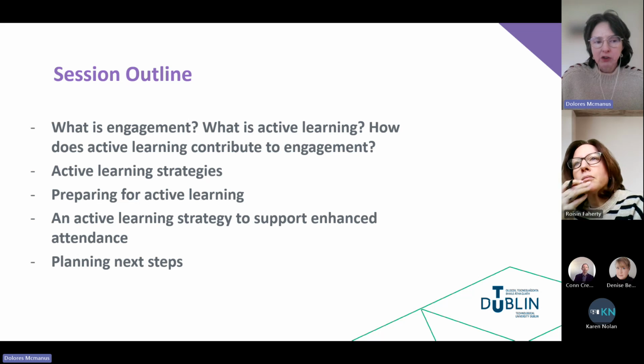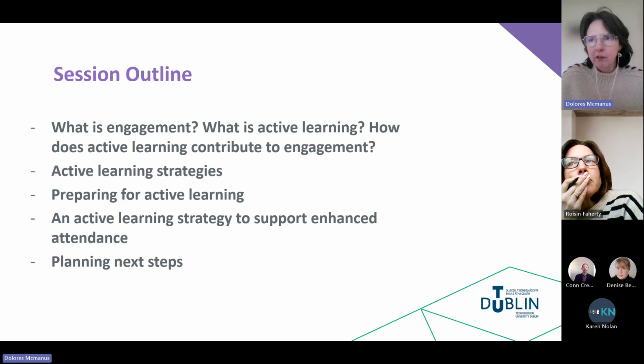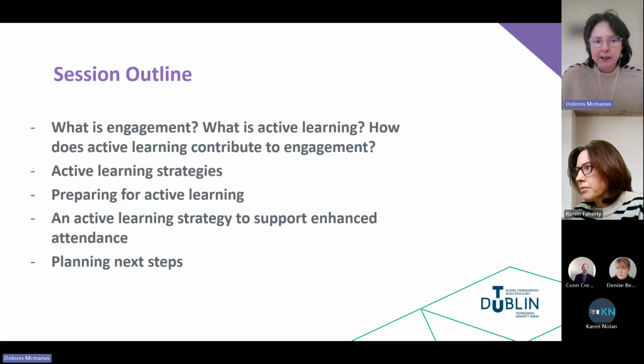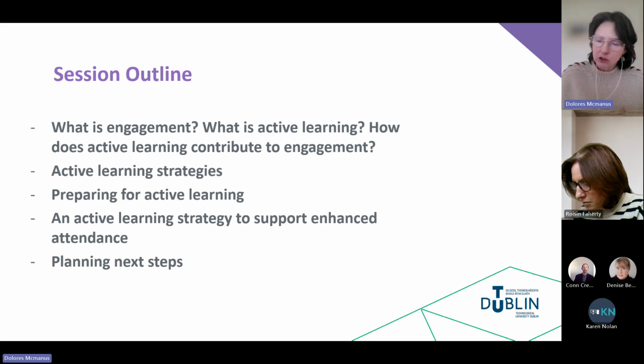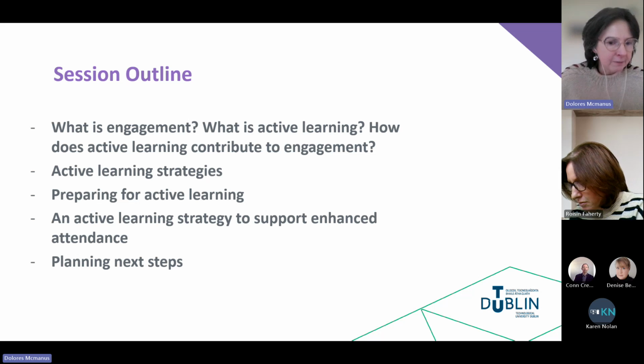We'll look at that towards the end, and it is building on the use of the Brightspace quiz tool, Brightspace Intelligent Agents, and some of the settings that you can use within Brightspace to nudge your students towards attendance. And then we'll just have a little look at what you might take away from this session as well, what your next steps ideally should be.